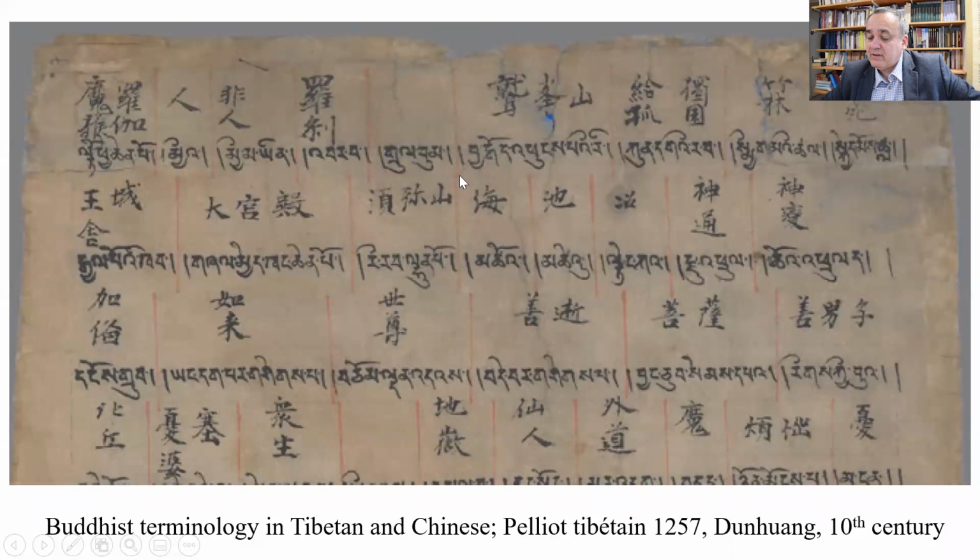So here we have Xumi Shan, the name of Mount Sumeru, the sacred Buddhist mountain, or here the word Da Gong Dian, a great palace, and so forth. So here like Pusa, Bodhisattva, or Fan Nao, vexation. So these are common words in Buddhist texts.